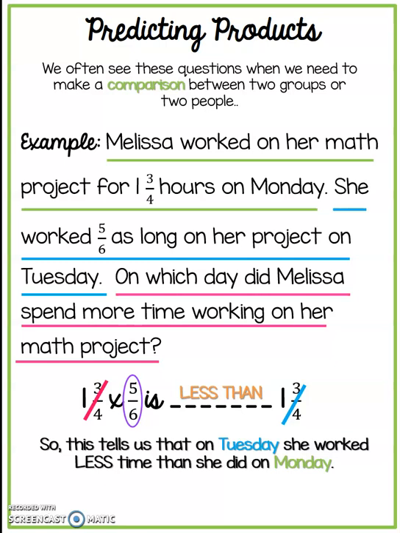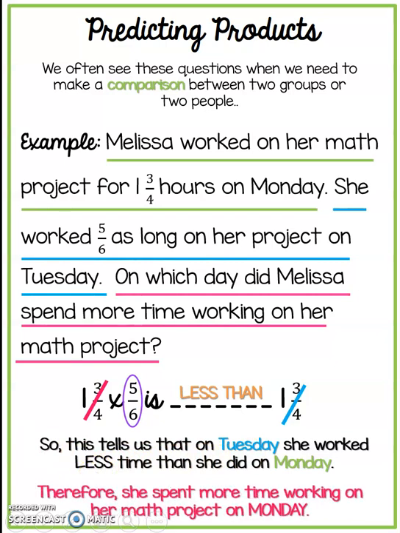But let's go back and check the question sentence to see what they want us to really answer. The question sentence says, on which day did Melissa spend more time working on her math project? Since I figured out that on Tuesday she spent less time, that means on Monday she must have spent more time.